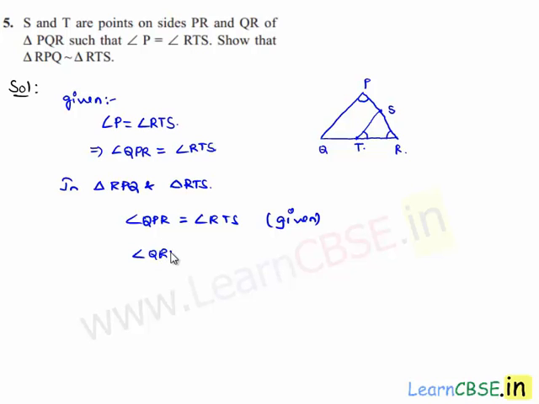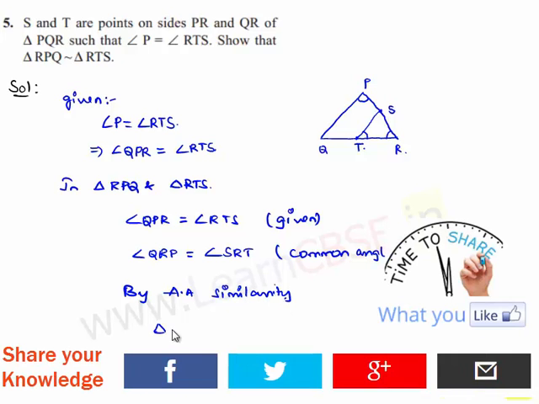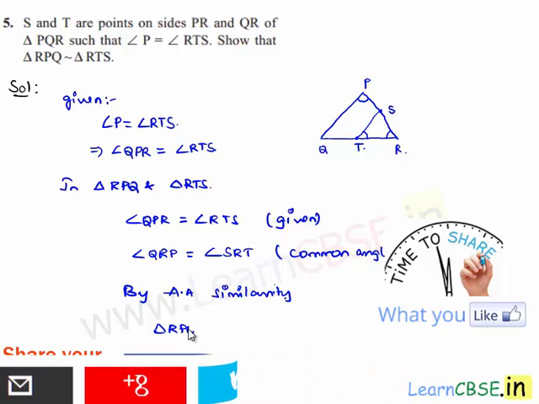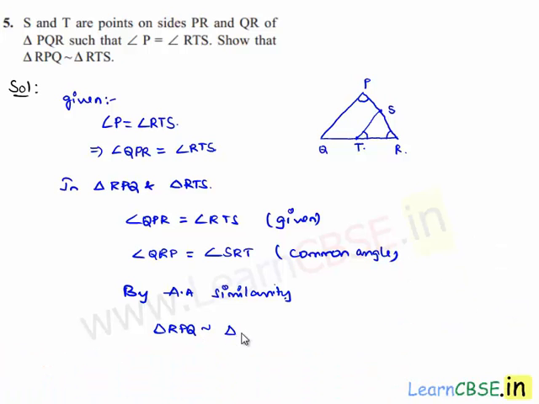Angle QRP is equal to angle SRT, since it is a common angle. So now by angle similarity, we can say triangle RPQ is similar to triangle RTS. This is the required proof for us.